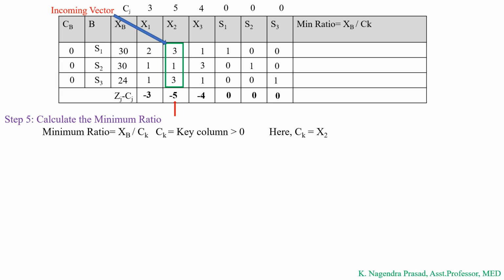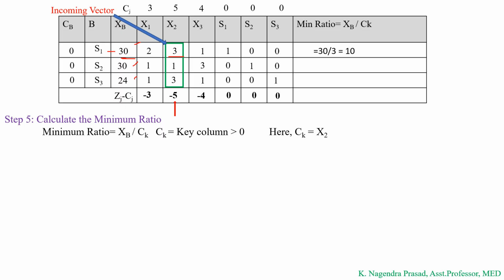So ck values are 3, 1, 3 for the xb values of 30, 30 and 24. Next we calculate the ratio of xb divided by ck for the S1 row. For the S1 row, xb is 30 and ck is 3, so 30 divided by 3 is equal to 10.